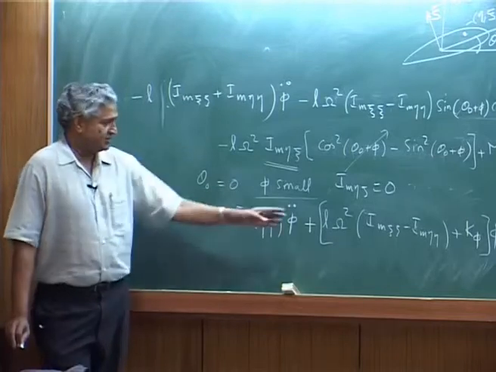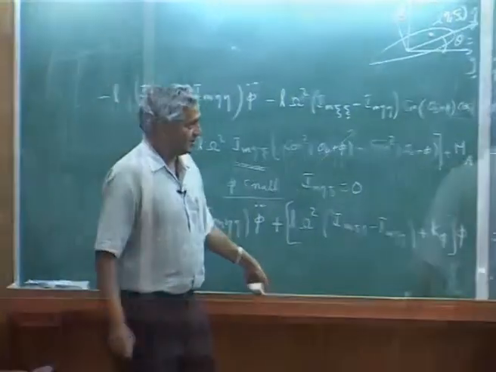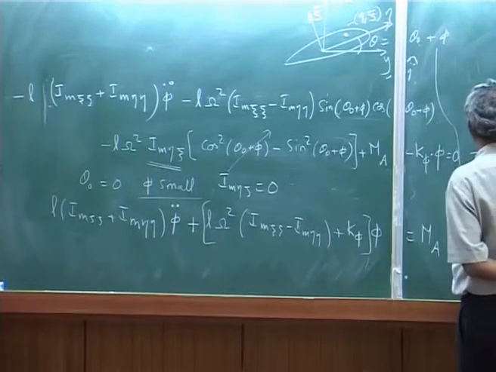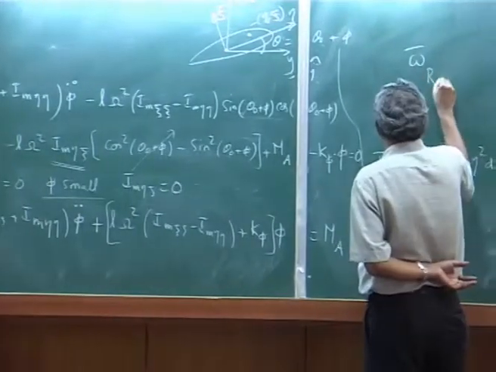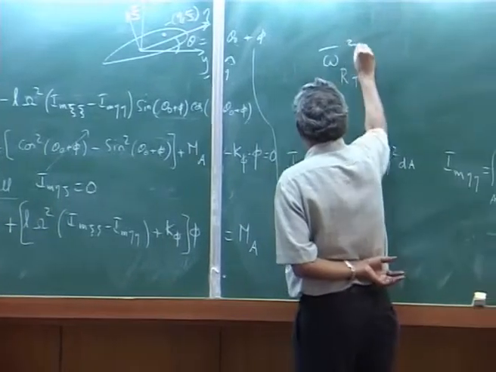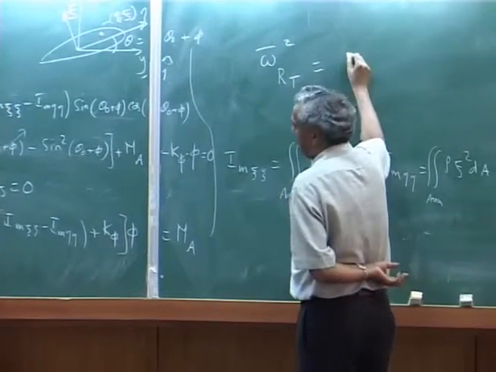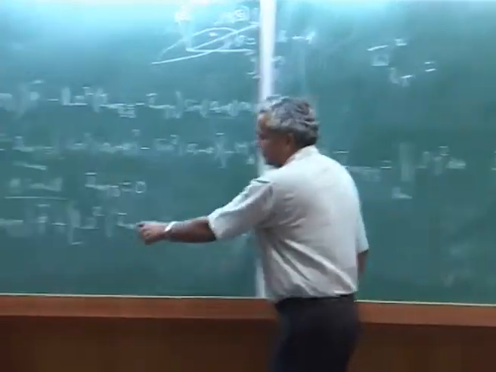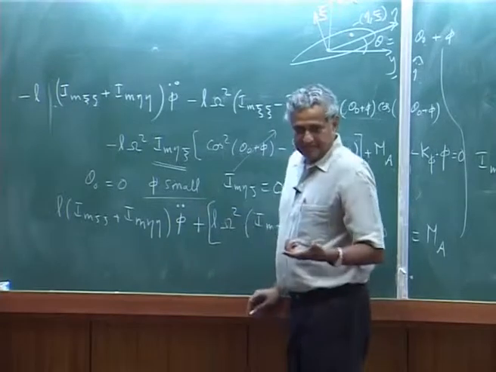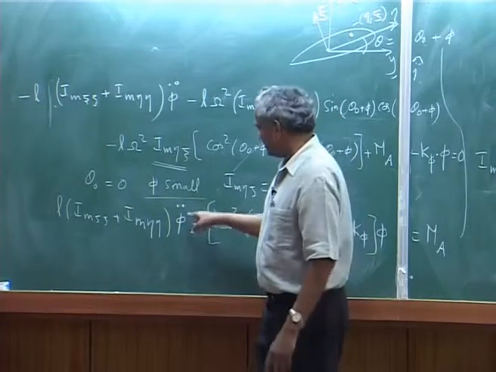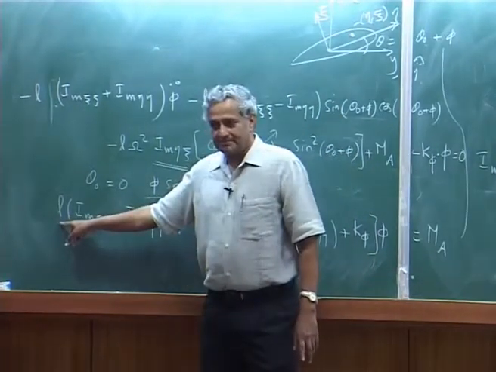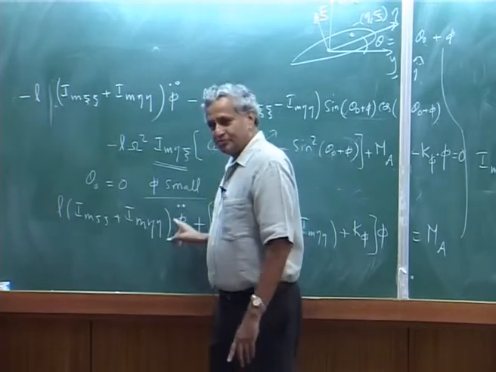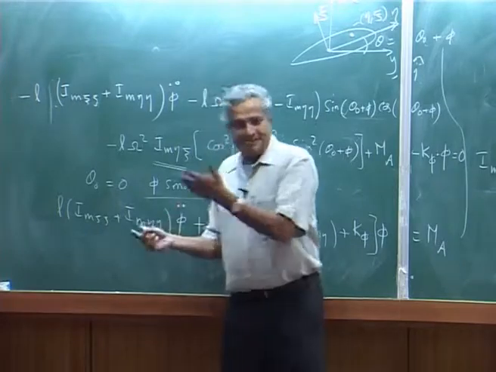Now, you know that from this equation you can find out the natural frequency. The frequency of this will be omega bar rotating torsion square. If this is dimensional, non-dimensional you will get L omega square, because this will be second derivative. So, this is d by dt, so d omega will come.